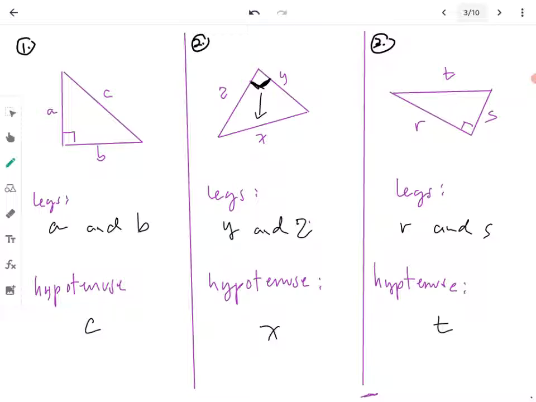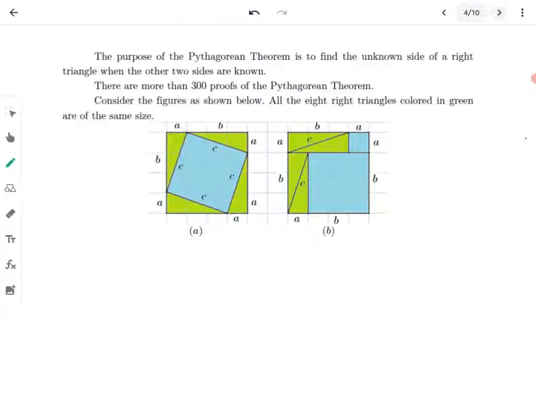So you see, it is very important that when we deal with right triangles with respect to the Pythagorean theorem, we know exactly which is the hypotenuse and which are the legs. Now we are ready to derive the equation, the formula, or the relationship among the sides using the Pythagorean theorem.